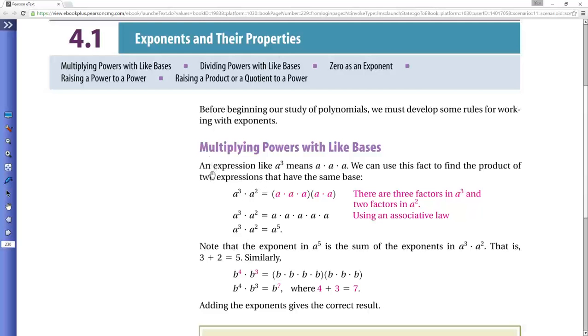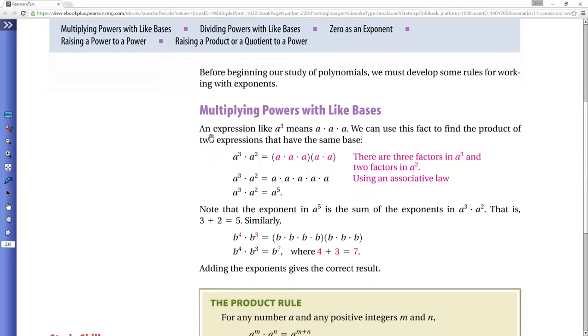An exponent or a power, just to remind you what that means, I'll break this down here. They're really going in here with like bases, and if you don't remember what those mean, in the prior chapters of this book they talked about exponents or powers.